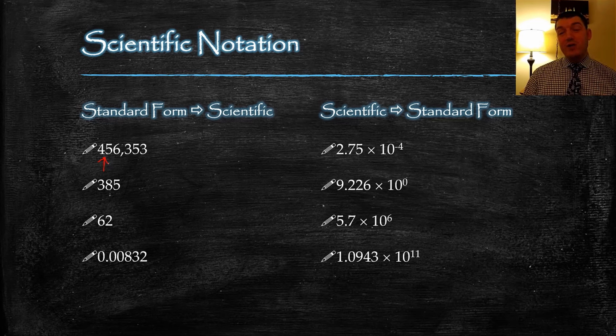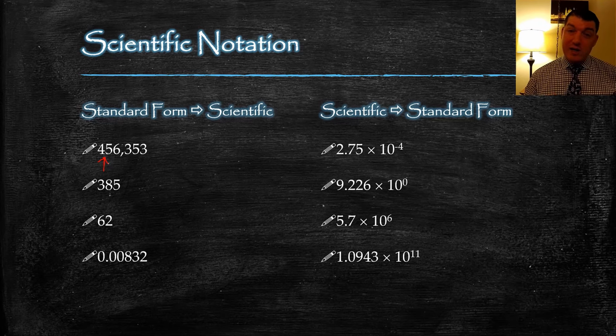That means there's one digit before the decimal place. That one digit has to be a 1, 2, 3, 4, 5, 6, 7, 8, or 9 because it's not 0. And in that case, that number will always be between 1 and 10. It could be equal to 1 if it's 1.0, but it can't be equal to 10 because that would be two numbers to the left of the decimal place.